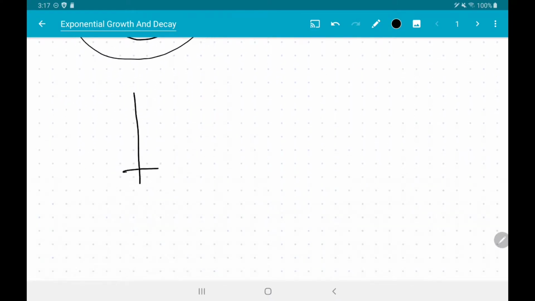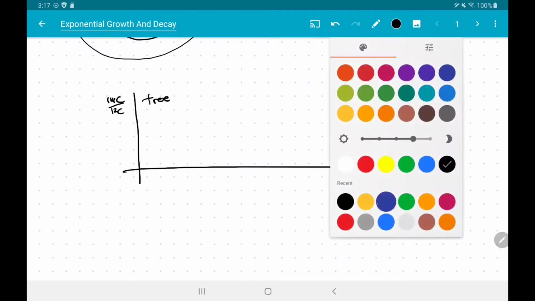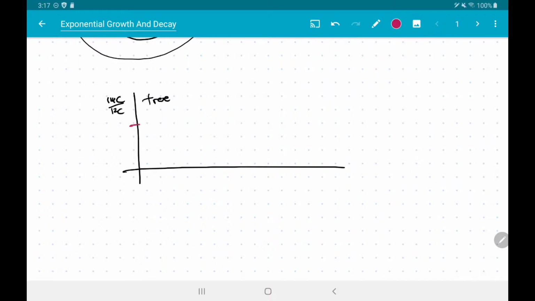So here we go. Let's say that you're looking at a tree and you're looking at the ratio of carbon-14 to carbon-12. It'll start out at that equilibrium value, and it'll stay that way as long as the tree is breathing. But then when the tree dies, the remaining carbon will decay exponentially.